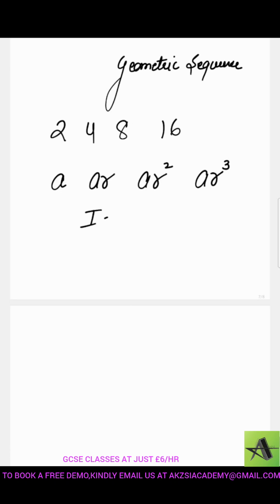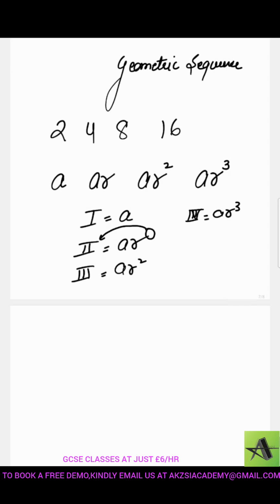So first term is a, second term is ar, third term is ar squared, fourth term is ar cubed. You can clearly see that the power of r is 1 less than the number of the term. Second term power is 1, third term power is 2, fourth term power is 3.